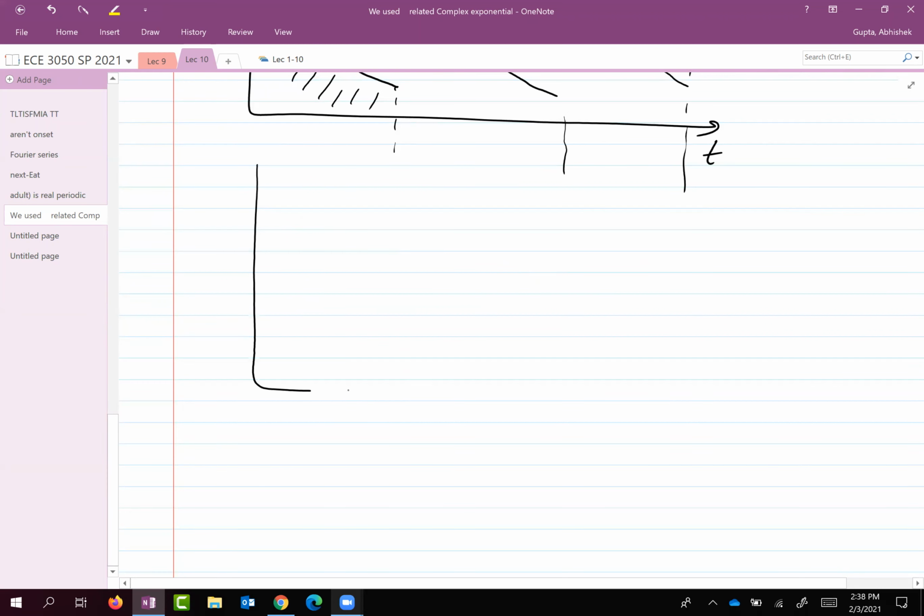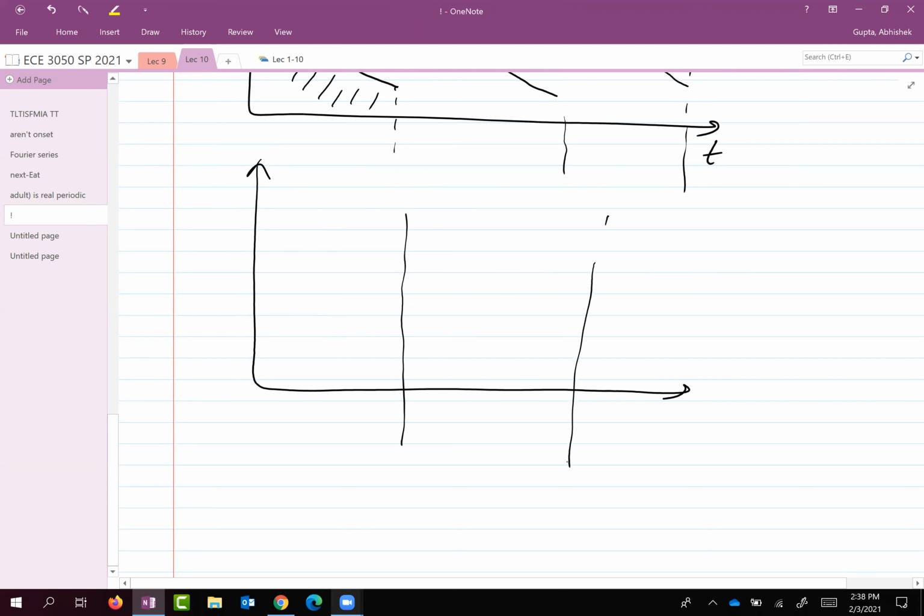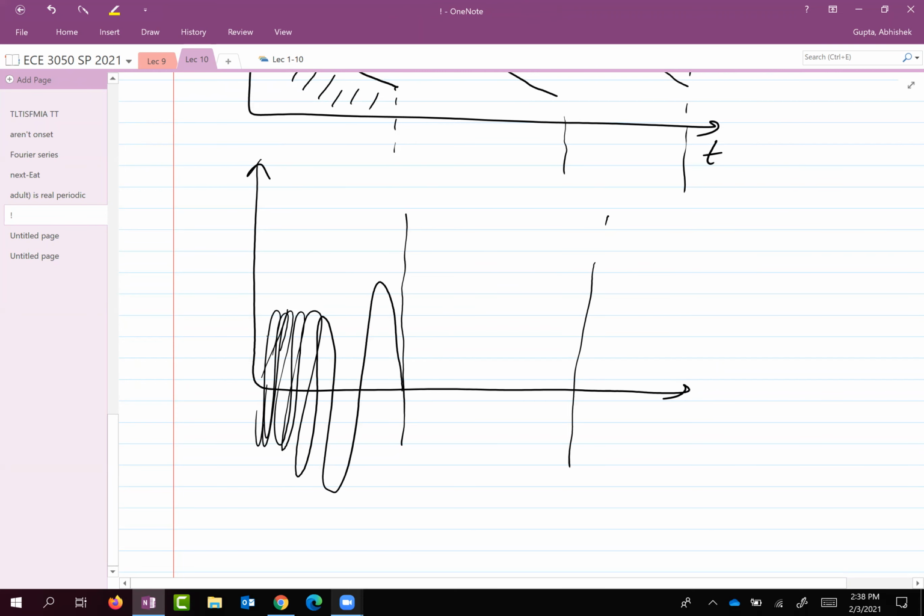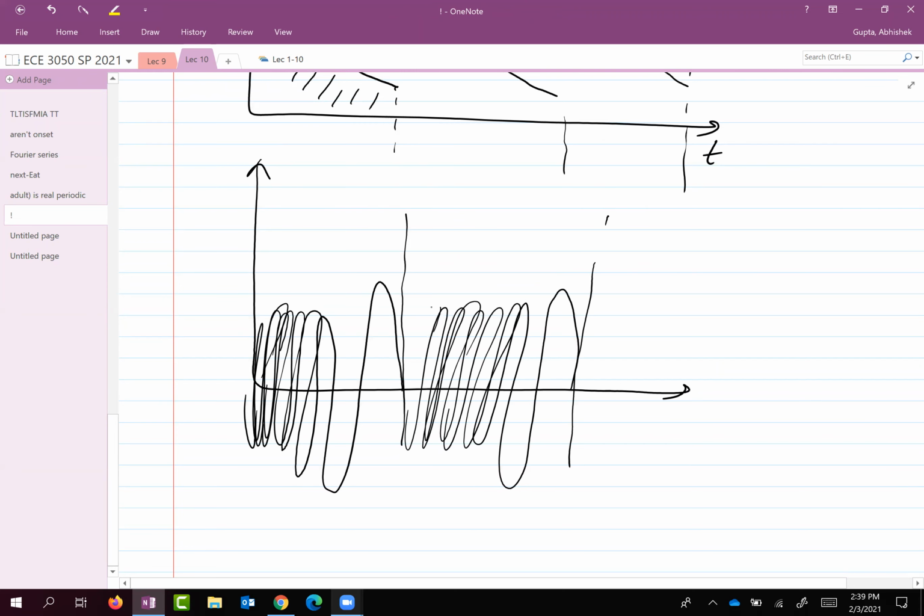So such a signal violates condition 1. Let's look at another signal. This signal looks something like this. So this is sine of 2 pi over t, t between 0 to 1.